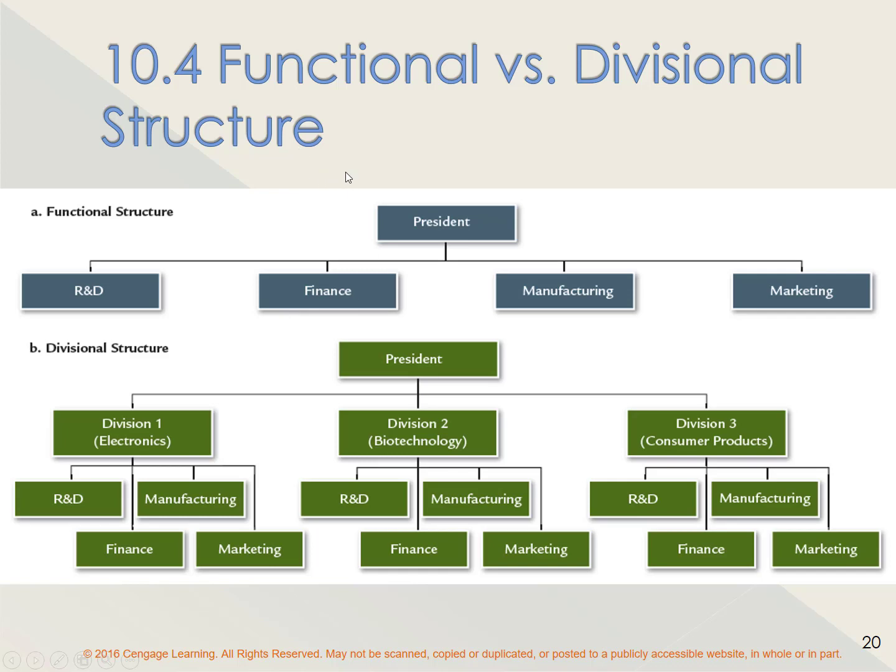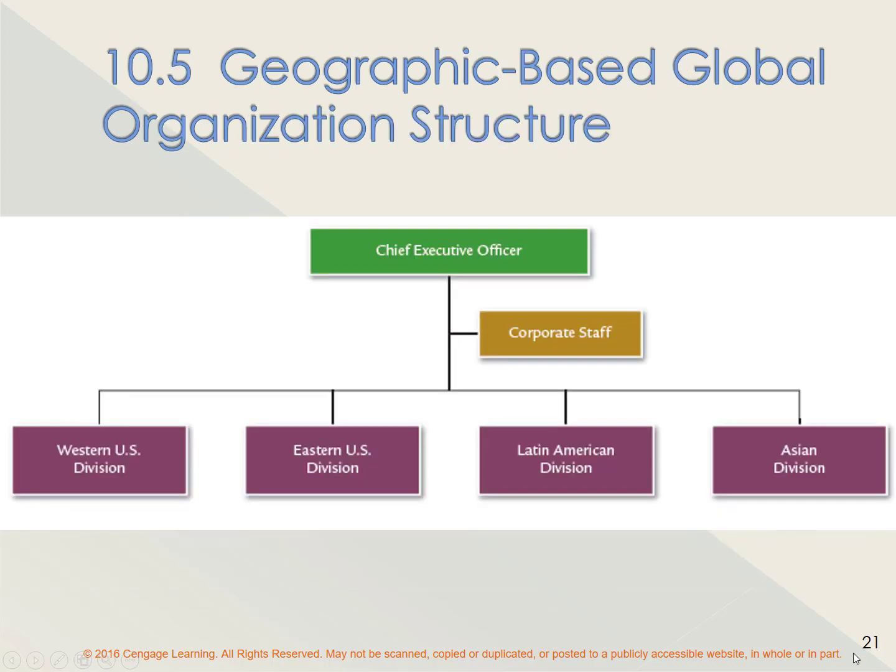So a functional structure, you have your R&D, finance, manufacturing, marketing, everyone reporting to the president. And then you have your divisional structure. Once again, we've already talked about this, where you have each of your divisions and they have all their own departments within them. When you get into the geographic, which we mentioned 2 slides ago, you might do this for food service.